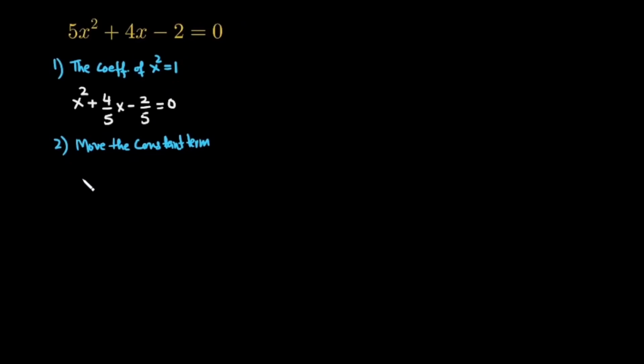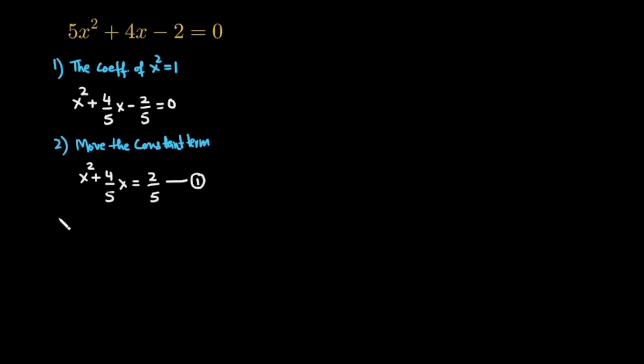So this is x square plus 4 over 5 x equal to 2 over 5. Mark this equation number 1.